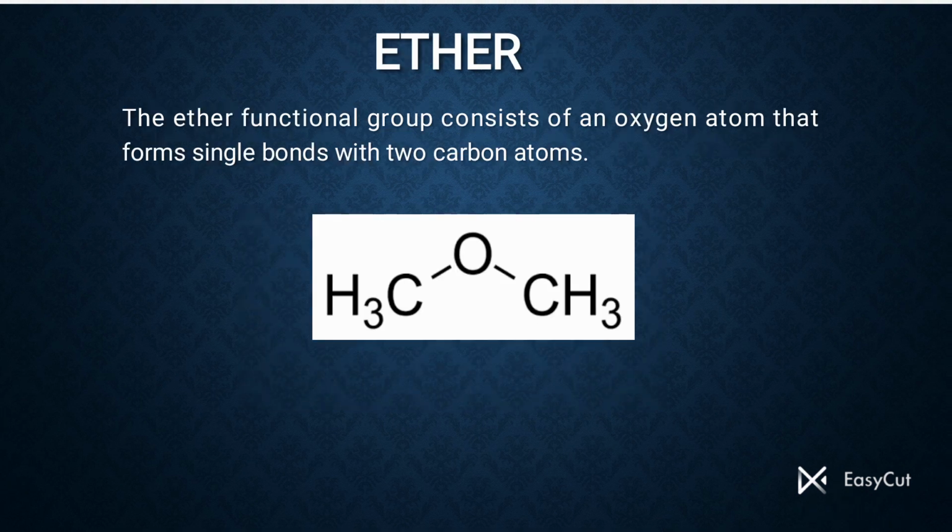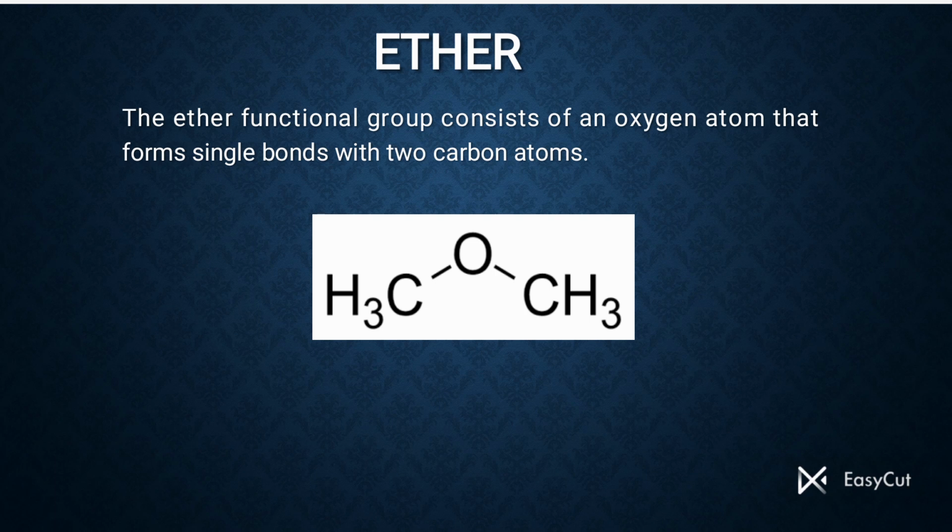Let's look at ethers. Esters are further down, so we'll talk about those later. Ethers are organic compounds characterized by an oxygen atom bonded to 2 alkyl or aryl groups. They have the general formula R bonded to oxygen and another R, where the R can be an alkyl group as we mentioned above, or an aryl group.